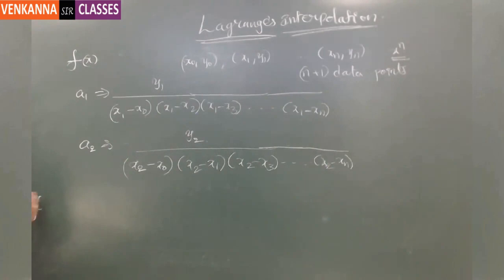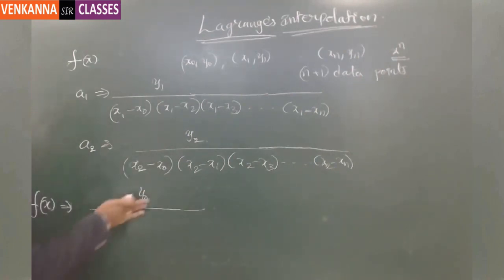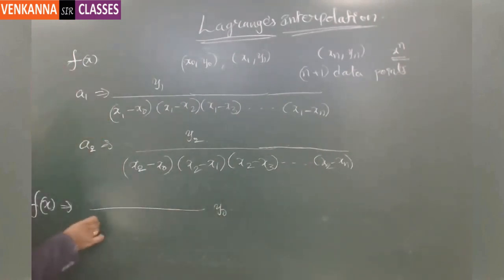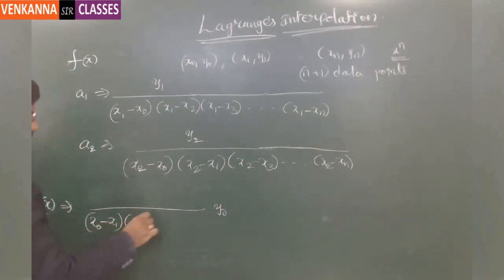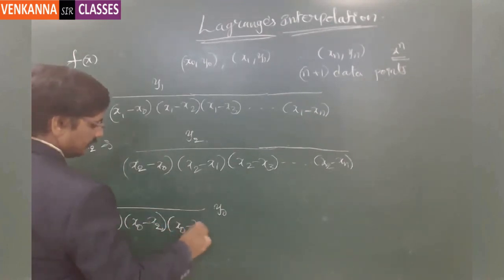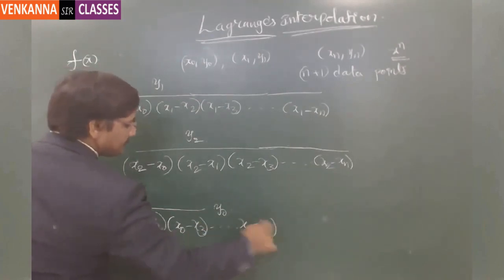of x you can express from the fundamental equation, that is f of x is equal to a0, which is nothing but y0 divided by, so I will keep y0 here, and then here x0 minus x1, x0 minus x2, x0 minus x3, dash dash dash x0 minus xn.